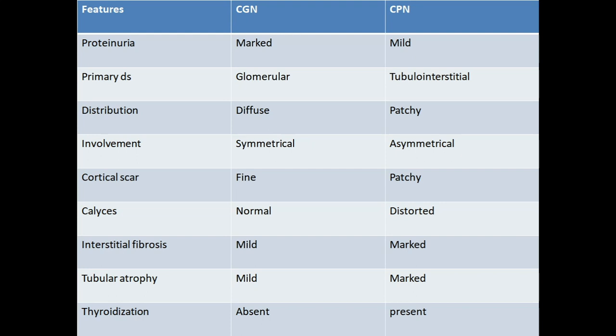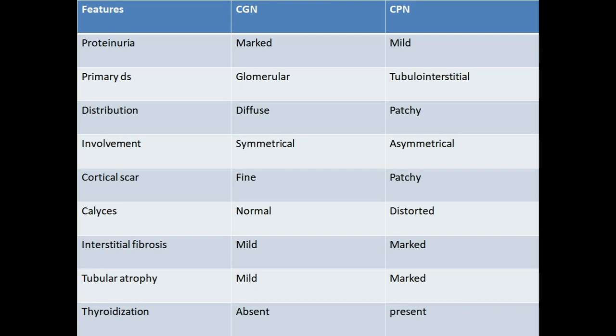Again, I have already narrated the differences, but if you see in these slides, the first point: with the help of proteinuria you can differentiate, because proteinuria is marked in chronic glomerulonephritis as there is involvement of the glomerulus.